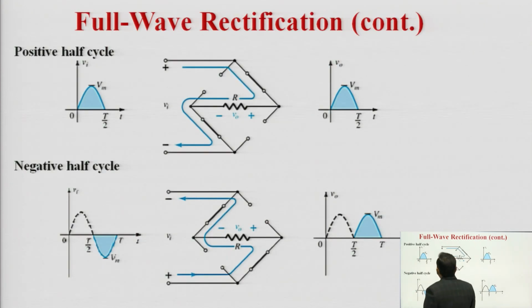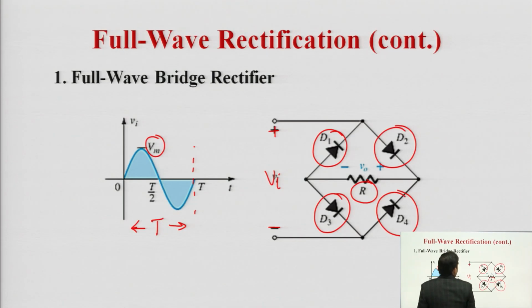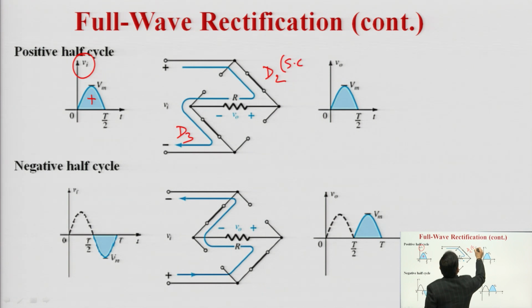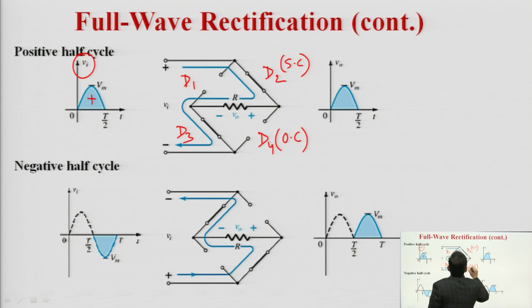First, when the positive cycle is considered, when the input is plus Vm, the maximum value, we can see that diode D2 and, let us say, diode D3 are both on, in a conducting form, meaning short circuit, whereas diode D1 and diode D4 are acting as open circuit, because they are non-conducting.